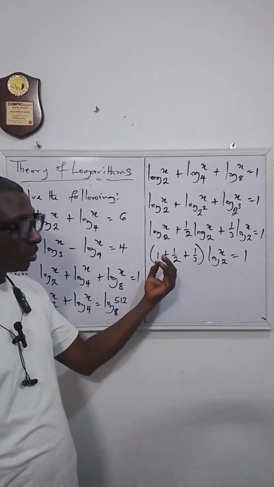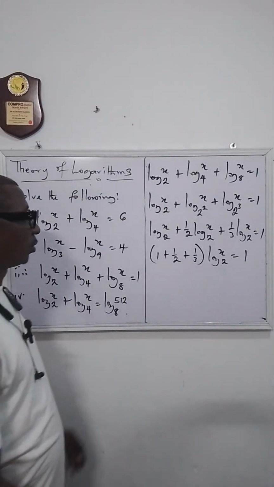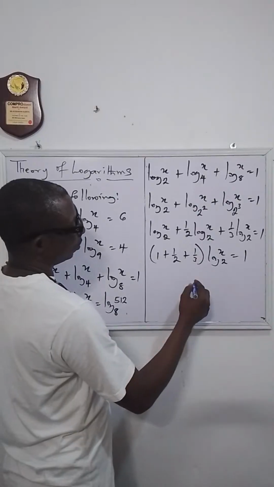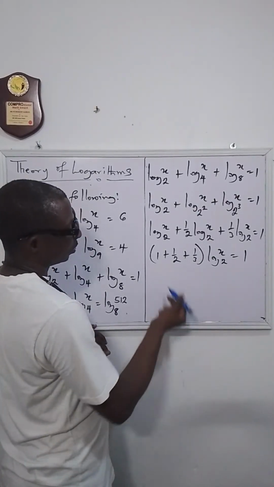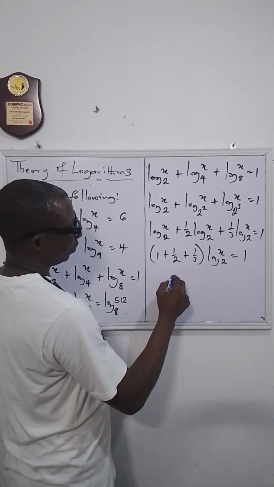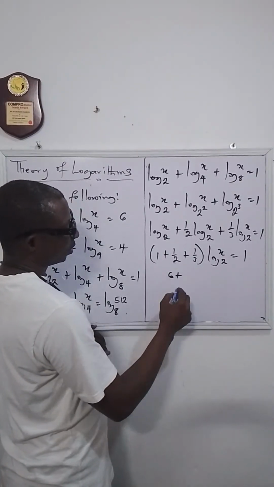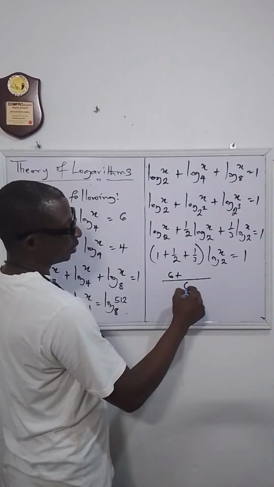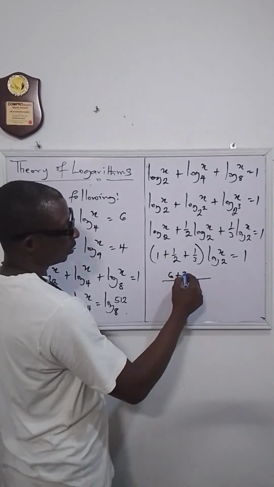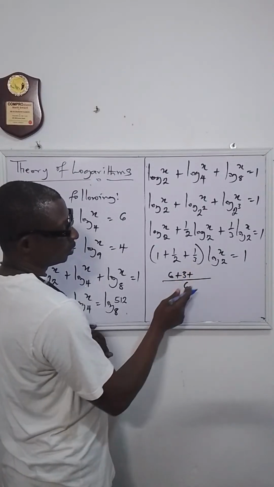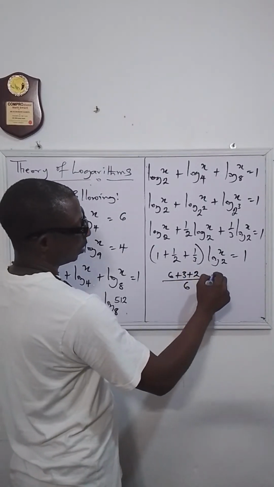So now let's add this together. To add this together, LCM is 6. So that's going to give you 6 plus, once you say LCM is 6, 2 goes in 6, that's 3, so we have 3, and 3 goes in 6, that's 2, so we have 2.